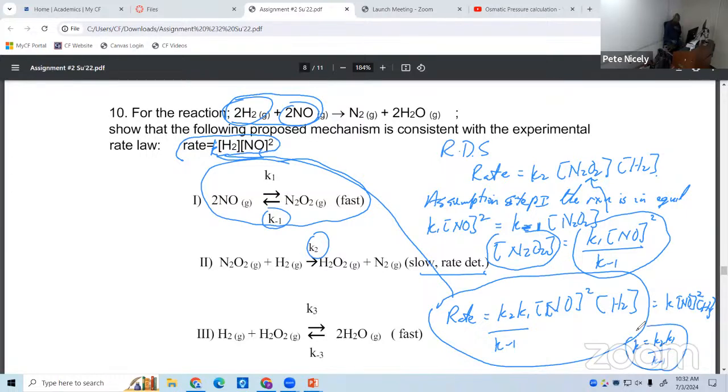And that's it, right? Basically, what we have just done is use the mechanism to prove that the rate law supports the rate law that has been experimentally determined for the reaction.